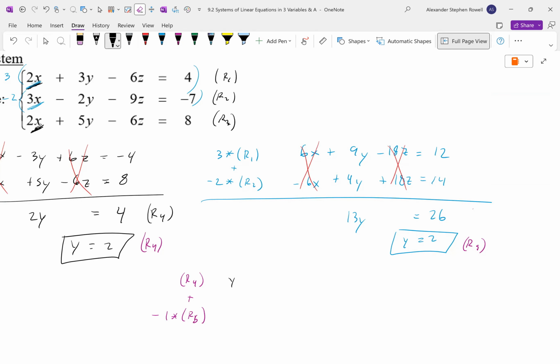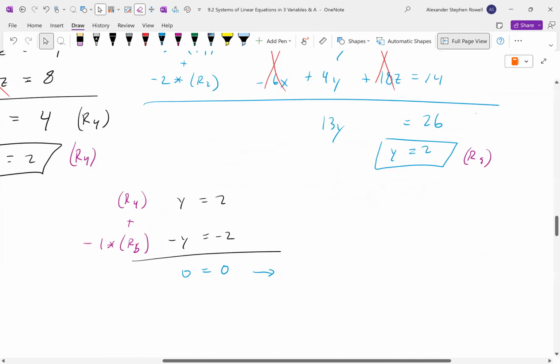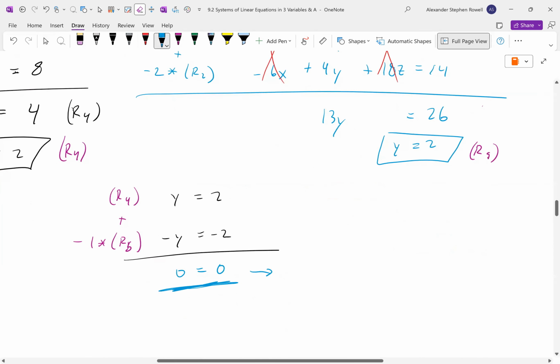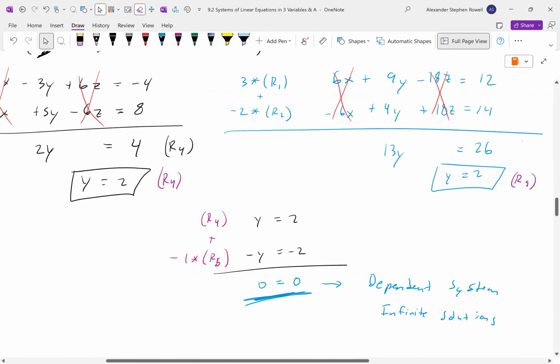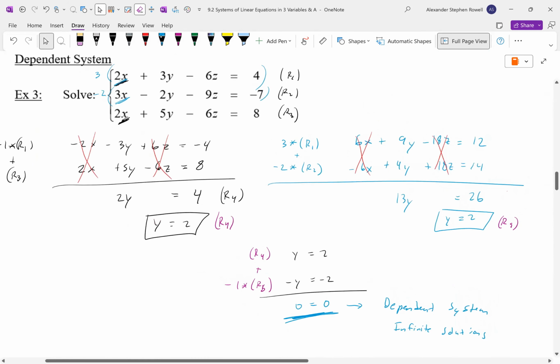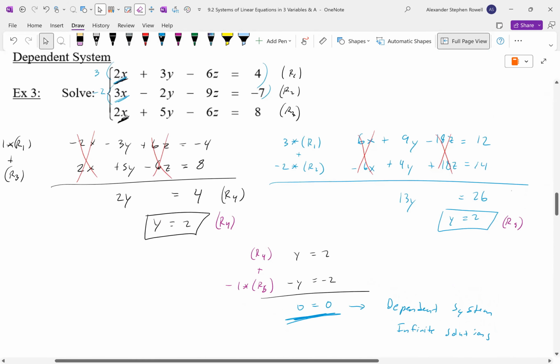So negative y equals negative 2, and we can add them together to get 0 is equal to 0. So just like before, when you get an identity, like 0 is equal to 0, it means there's infinitely many solutions, that's dependent.